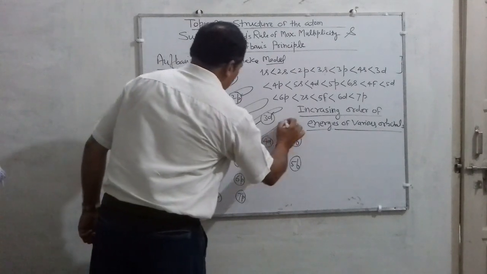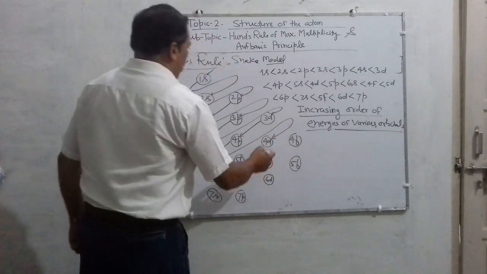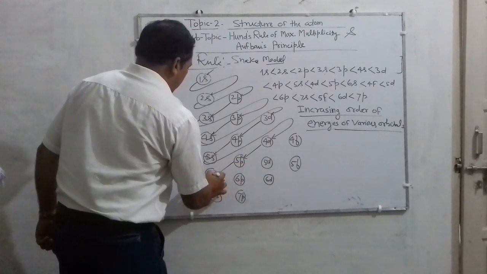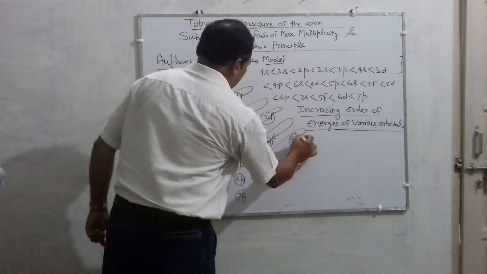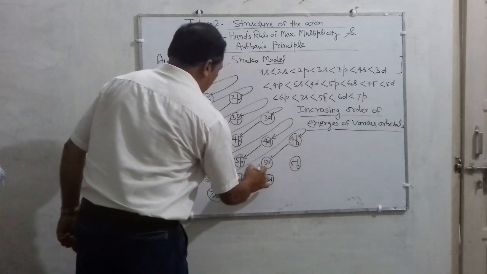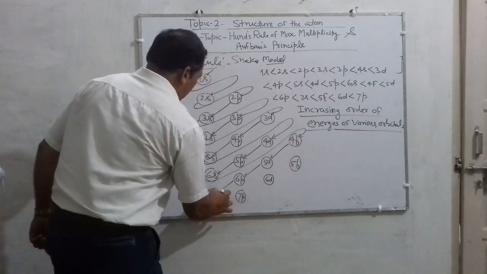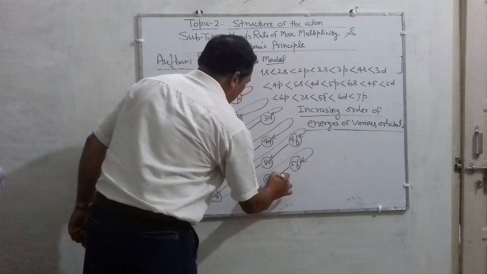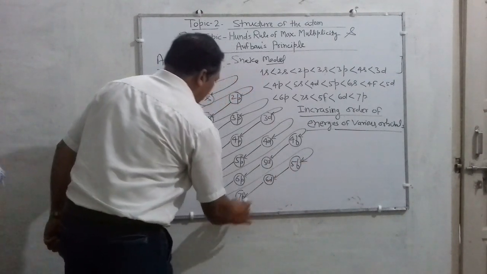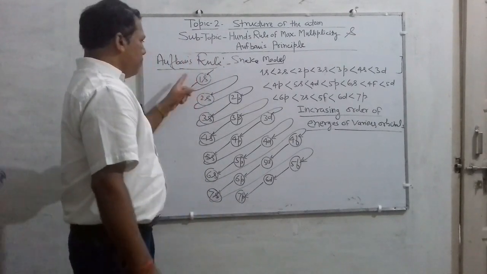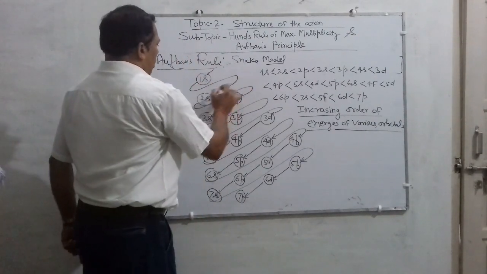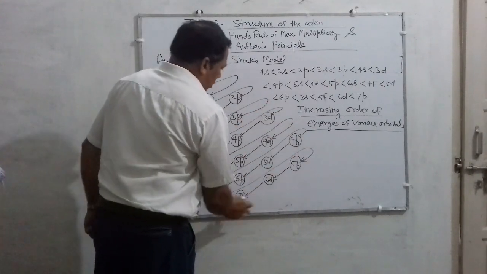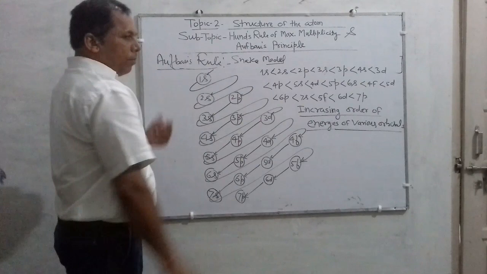In the same way, in increasing order, 4d, then 5p, then 6s, then 4f, then 5d, then 6p and 7s, and lastly 5f, 6d and 7p. This structure looks like a snake, so that is why it is also termed the snake model.